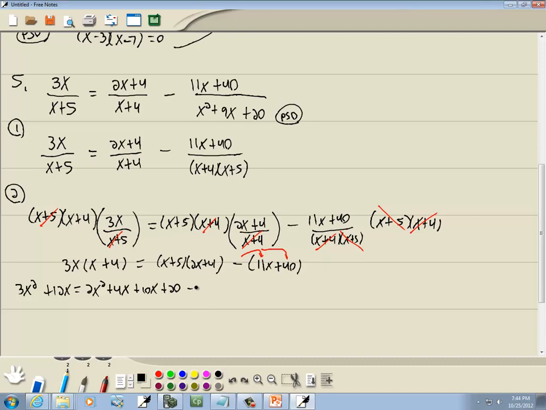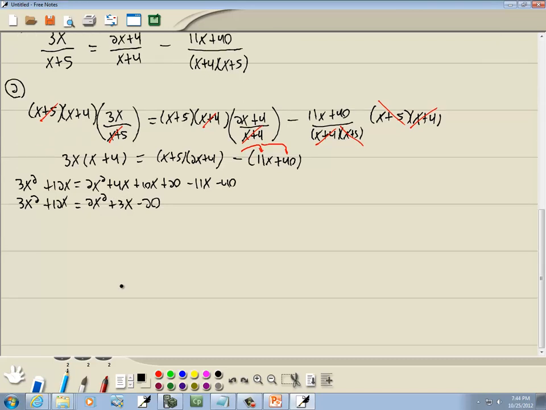So we're going to get a minus 11x minus 40. So we got 3x squared plus 12x equals 2x squared. 4x plus 10x is 14x minus 11x is 3x. 20 minus 40 gives us negative 20.